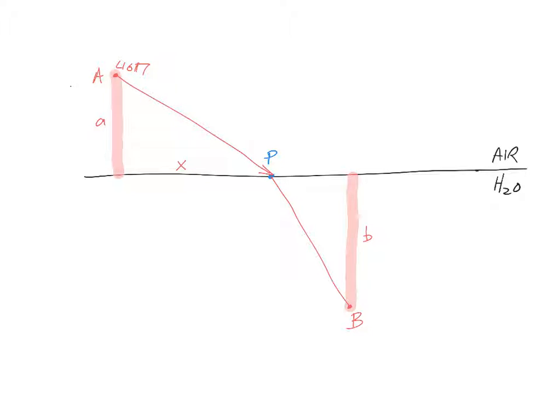And if I were to pay attention to the entire horizontal displacement of light, if I wanted to call that, say, side C, well, then I have C minus x on that region there.